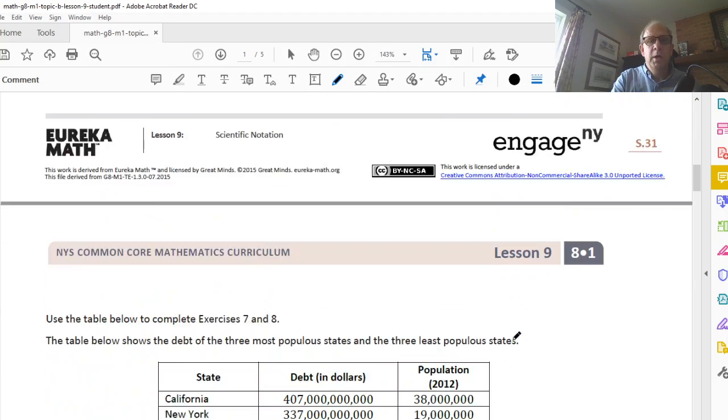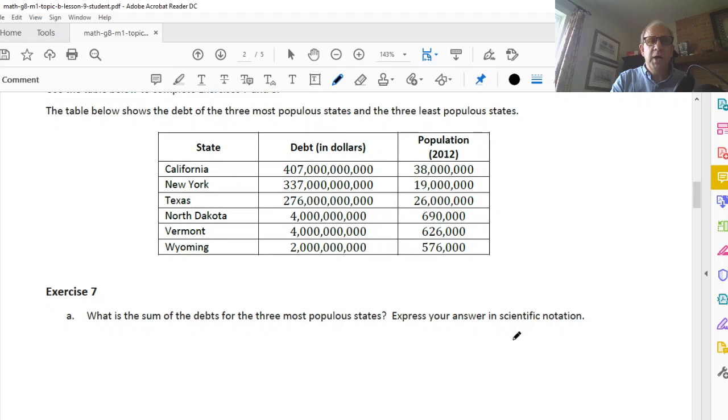Okay. All right, let's try and add some big numbers. So these are the debts for these cities or states. California is $407 trillion in debt. New York is $337 trillion in debt, and Texas is $276 trillion in debt. So let's add them up. I can just add these numbers and put all these zeros, but I'm going to put them in scientific notation to make it easier so I don't have to write all of that.